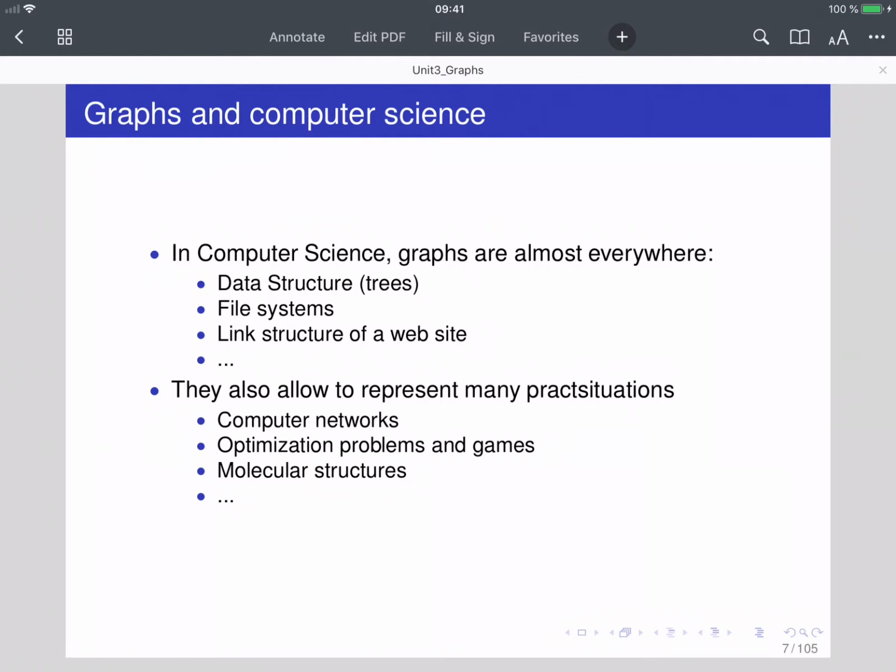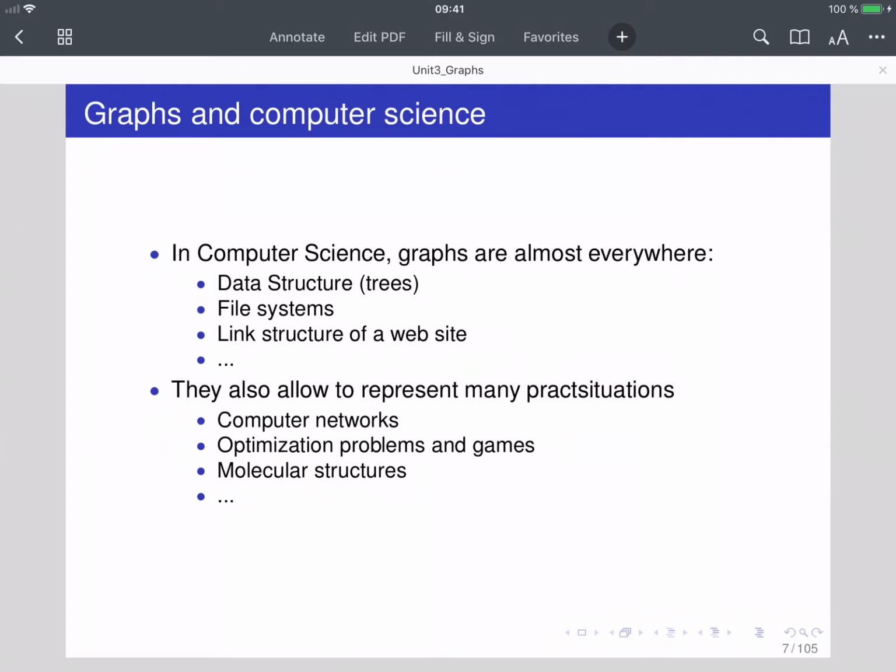The different folders in the file system are connected to each other, so this again is a graph. When you are working online, with websites or with networks of computers, they are also connected to each other. The different websites link to each other, so this is again a graph.